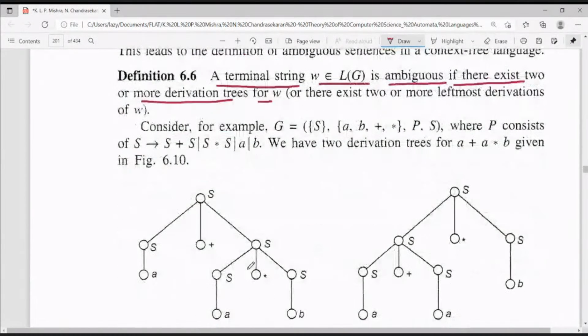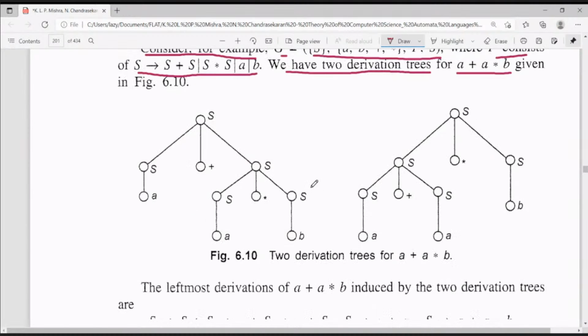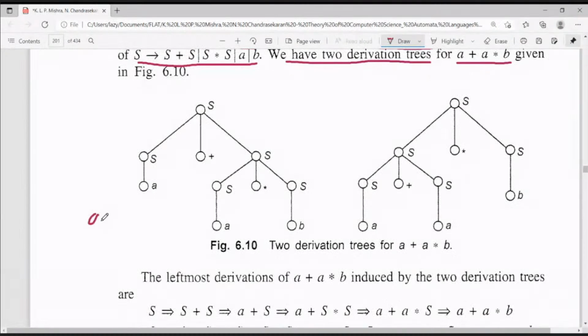So this is an example. Consider the grammar G. P consists of this set of productions, and we have two derivation trees for a plus a asterisk b. From here we get a plus a asterisk b, and from here also we get a plus a asterisk b.